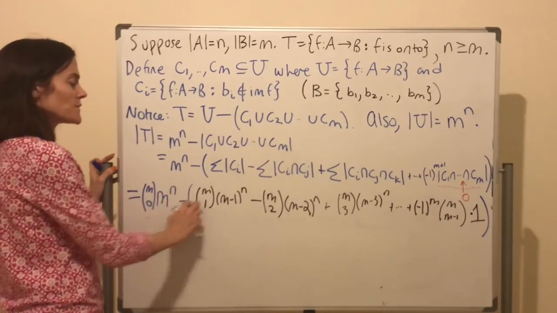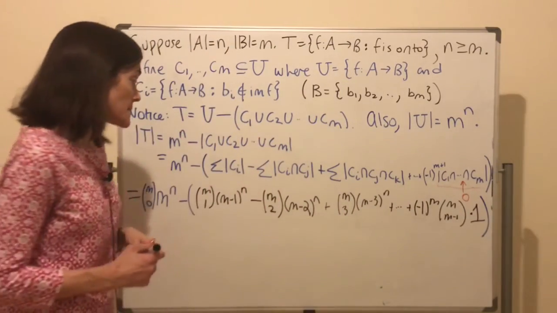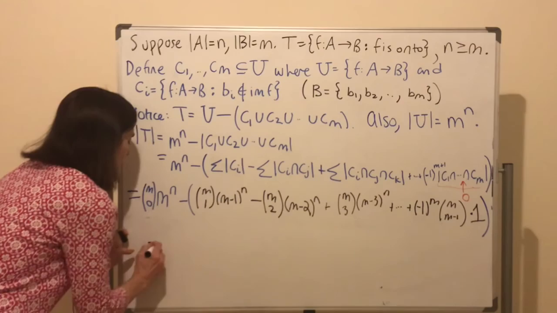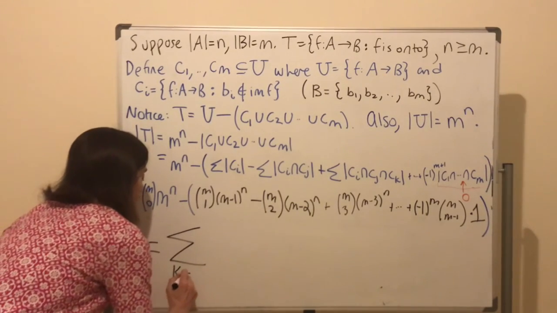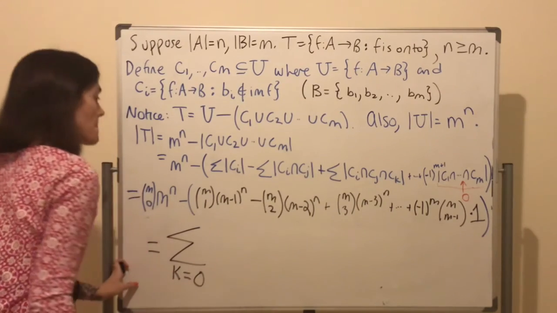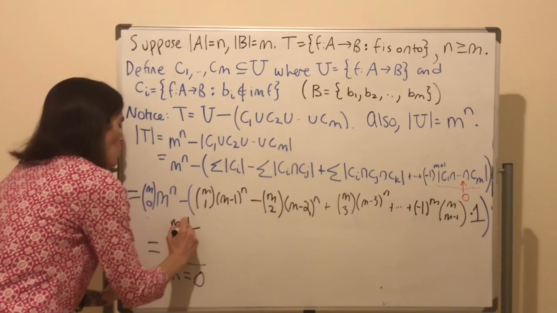Then, of course, I have to distribute the minus sign. So let's write this as one big sum. So this is equal to, so K will go from 0 to M minus 1.